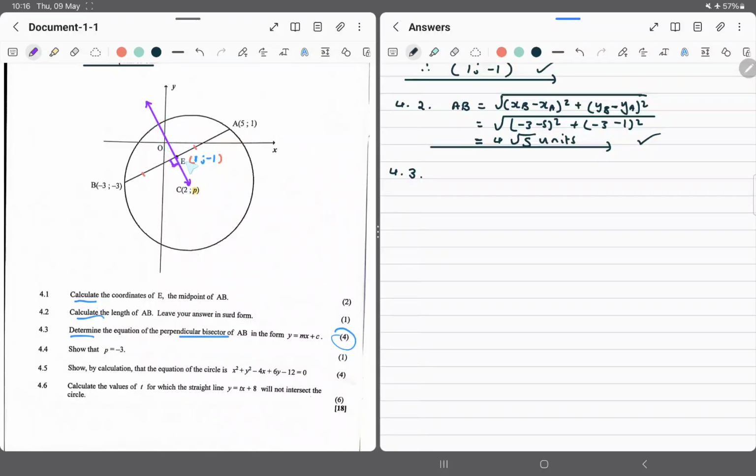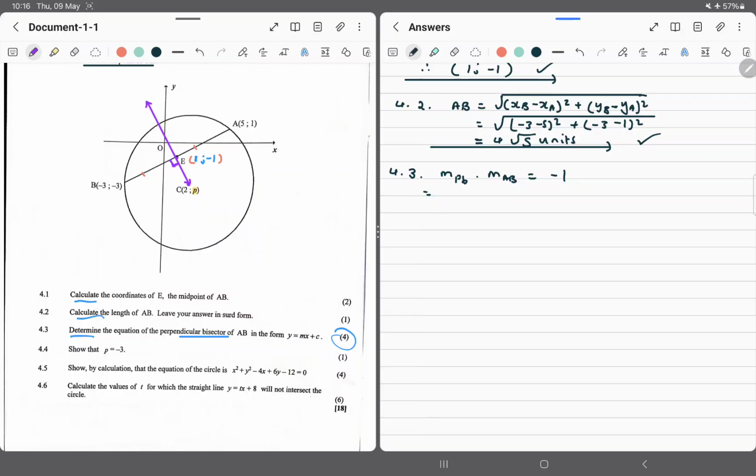Now, if we want that gradient, we know that the gradient of the perpendicular bisector, I'm just going to write PB, that PB means perpendicular bisector, multiplied by the gradient of AB must be -1.